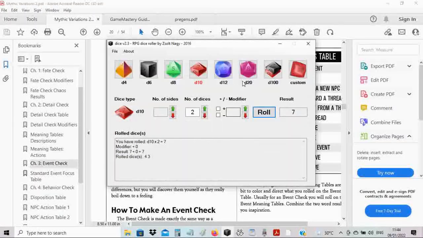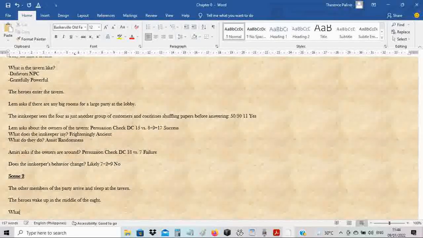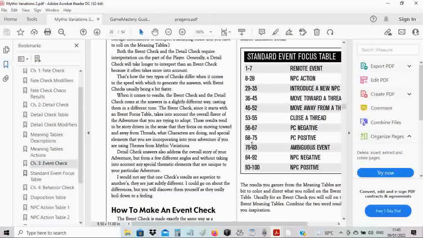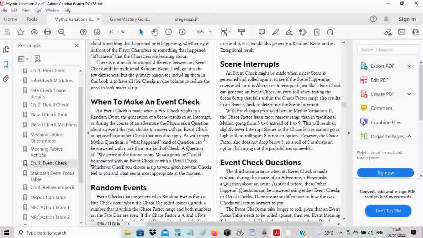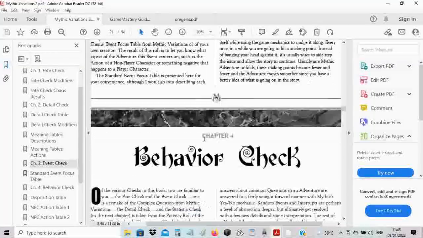Alright, let's do that. The heroes wake up in the middle of the night. What happened? 47. Move away from a thread. So let's see what move away from a thread means. It usually just means to move away from the story proper.